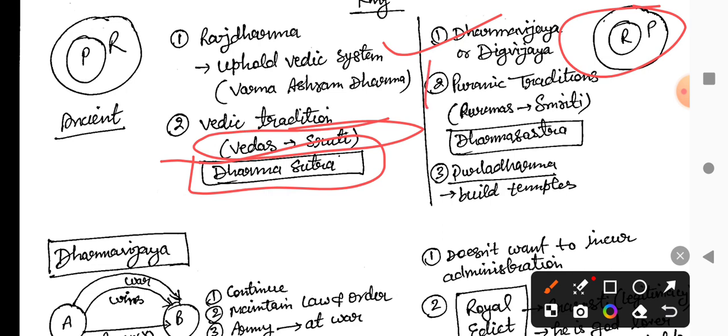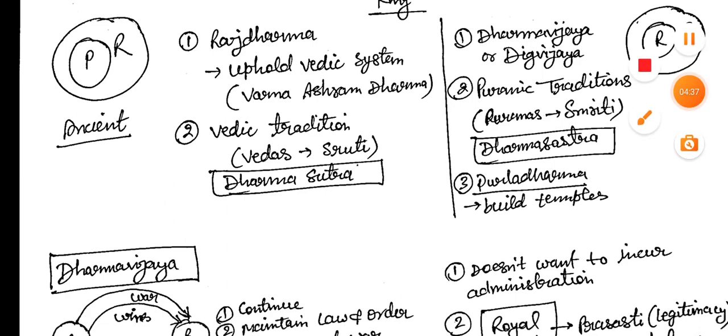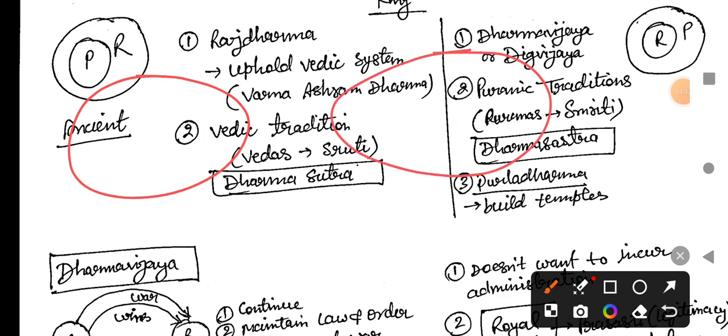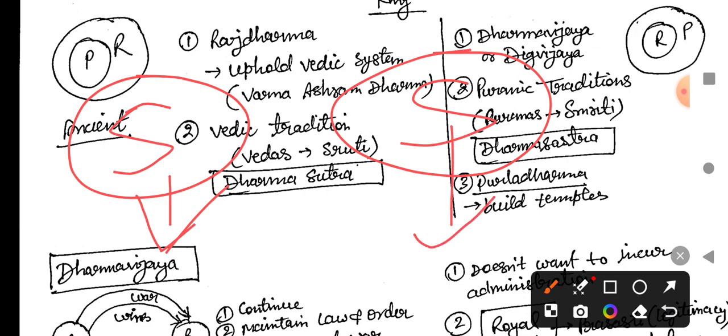The Puranic tradition was there, because the Puranas were written after the later Vedic period, and these Puranas are known as Smriti. What is the difference between Shruti and Smriti? Shruti means the Vedas, works attributed to divine origin, but Smriti was attributed to an author.